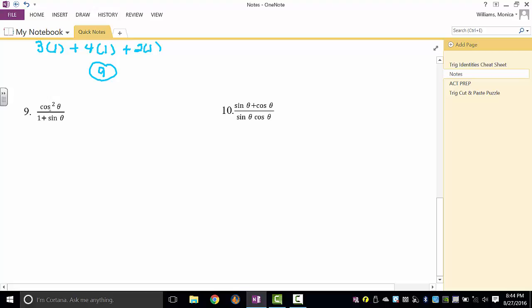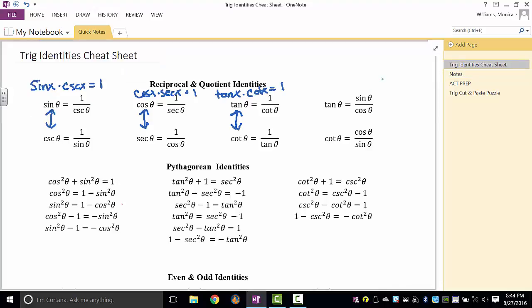Number 9. I am going to look for cosine squared under the Pythagorean identities. So if you look under Pythagorean identities, cosine squared is here, and it's 1 minus sine squared.